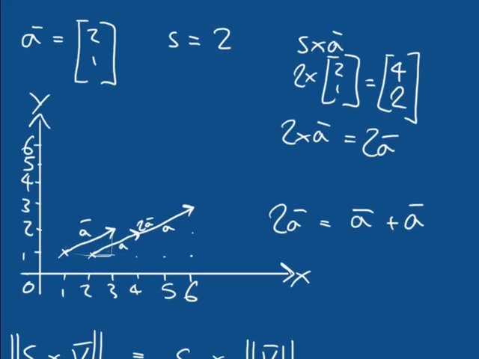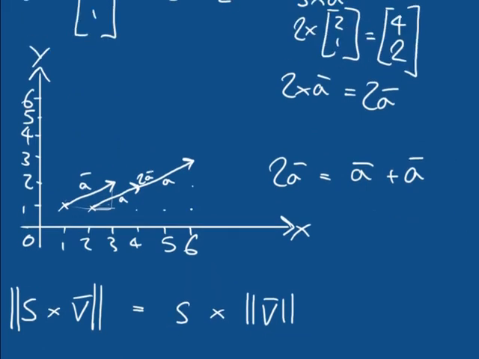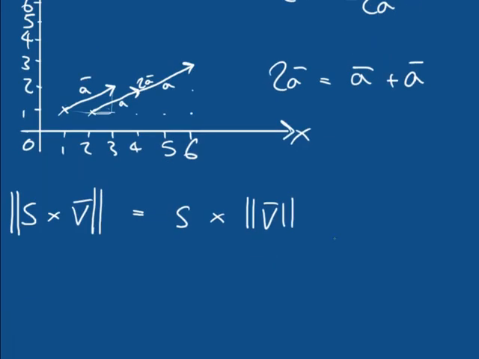But for what we're dealing with here, if we have a vector and we multiply it by a scalar, the length of the result is going to be equal to the length of the original vector multiplied by that scalar. So for example, here where we multiplied a by 2, the length of 2a is 2 times the length of a. Now why did I say I need to come back to this mathematical notation and add something in?